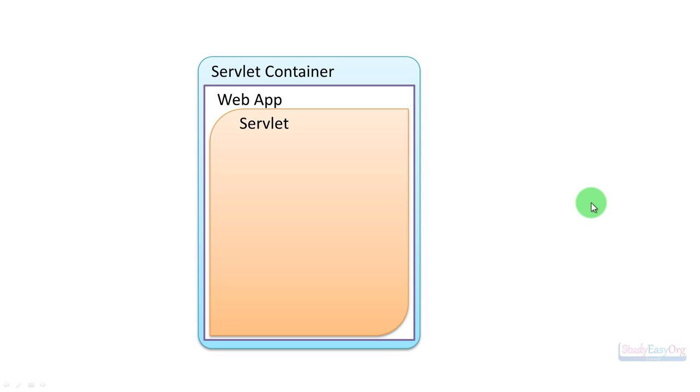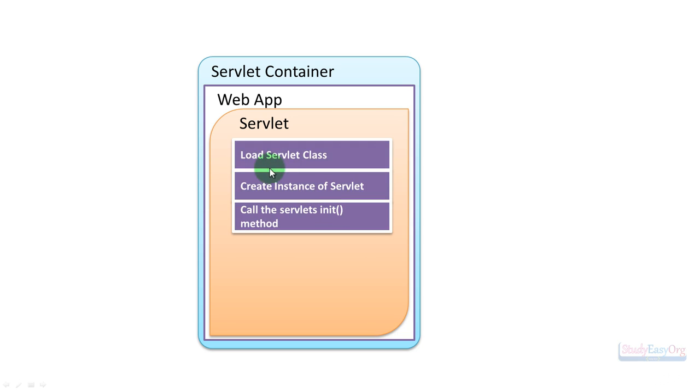So this is it. Now proceeding further, a servlet gets executed in 5 steps. The first 3 steps are loading the servlet class, then creating the instance of the servlet, and finally calling the init method. This init method is the initialization method. These 3 steps are taken only once throughout the lifecycle of the servlet.